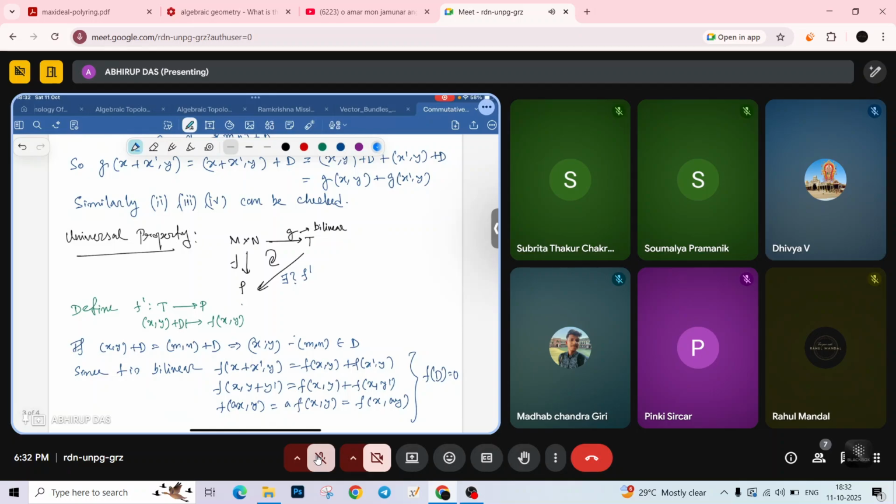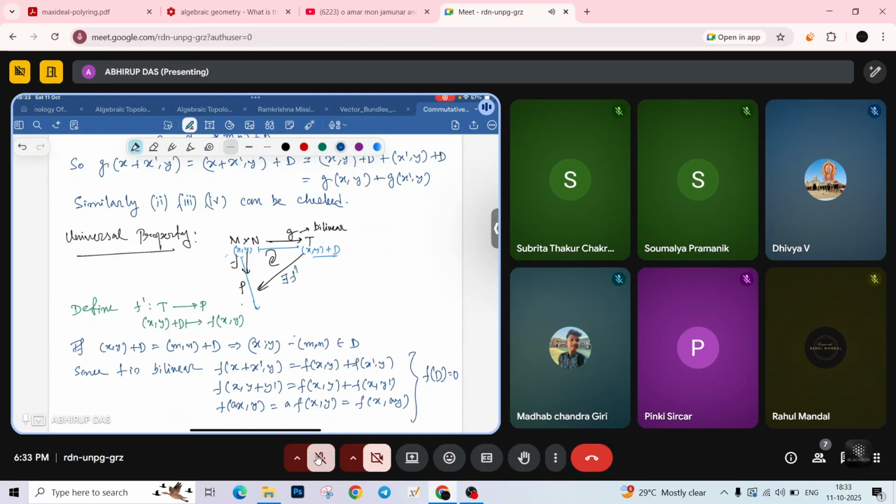We are taking (x, y) from there, sending it to (x, y) plus D, and it is also coming to f(x, y) by f, and we are sending this element by f prime to the exact thing. I mean, we are sending it exactly here, right? Exactly to this element.